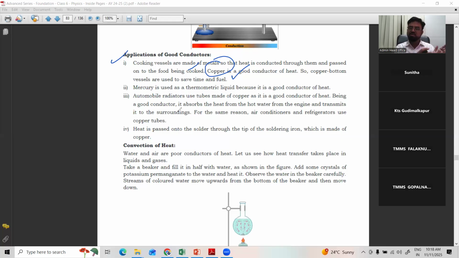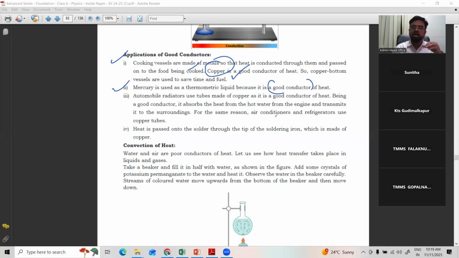When compared to the steel vessel, copper is a good conductor. So we'll use the copper bottom vessels for the preparation or cooking of the food, because there is a fast transfer of heat. Fast conduction happens in the copper vessel. Next, mercury is used in thermometers as the liquid because it is a good conductor of heat.